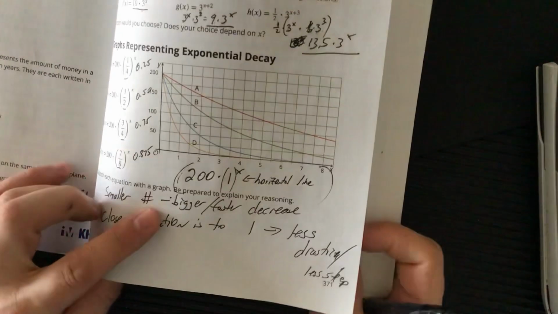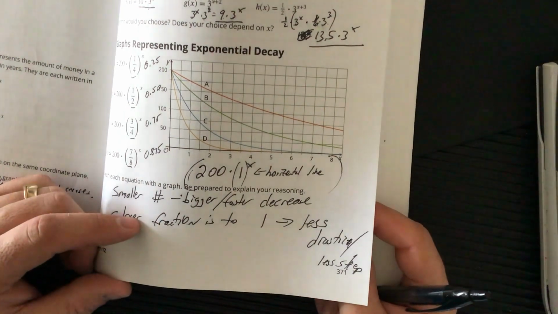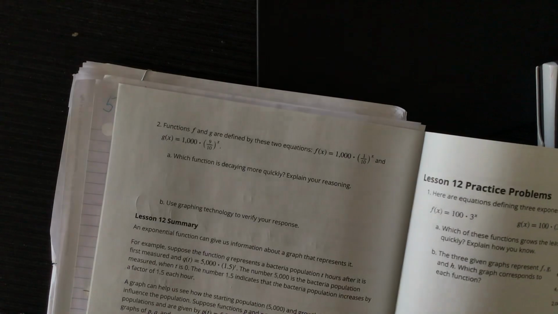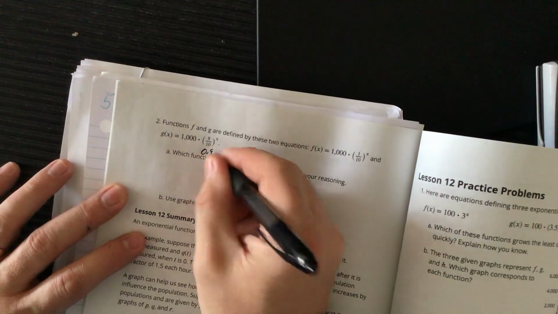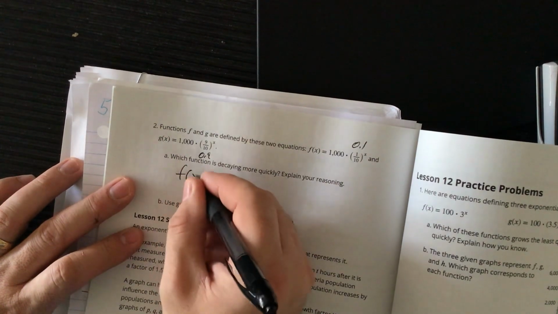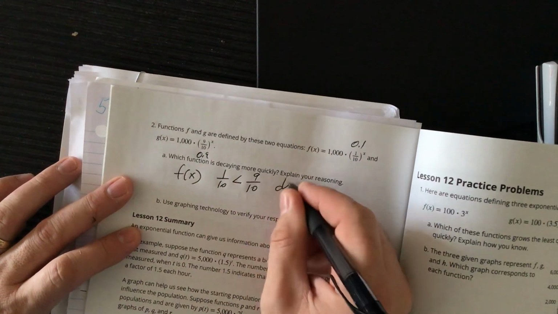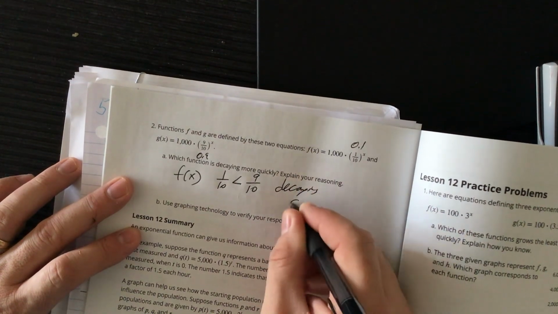So just from the other example here, you want the number that is furthest away from 1. Furthest away from 1, so what's furthest away from 1? 9/10 or 1/10? 1/10. Because 1/10 is a lot less than 9/10, so D Kane quicker.